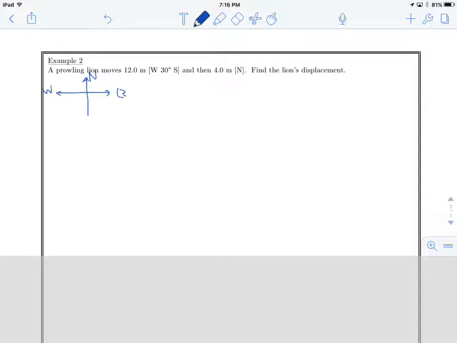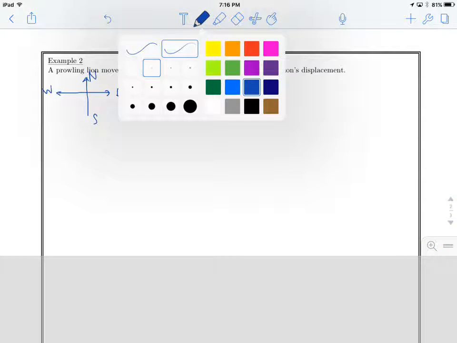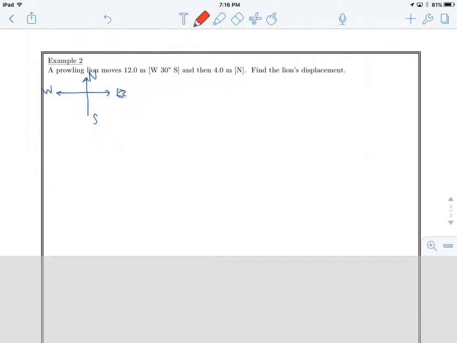North, east, and south. Okay. So west, 30 degrees to the south, is in this direction here. And you can already see that I'm going to run into problems, so we're going to move this over, and we'll go this way for 12 meters. Okay. And then I go 4 meters north.